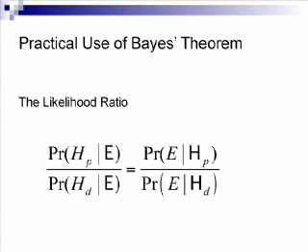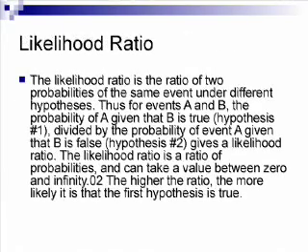Given that, the formula can be modified to the probability of the evidence given the prosecutor's hypothesis divided by the probability of the evidence given the defense's hypothesis. H subscript P represents the prosecutor's hypothesis, and H subscript D represents the defense's hypothesis. The likelihood ratio is the ratio of two probabilities of the same event under different hypotheses.